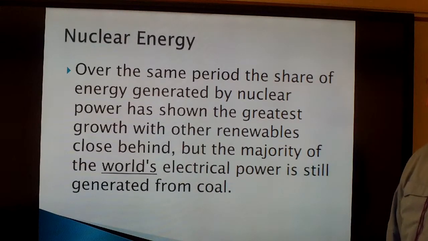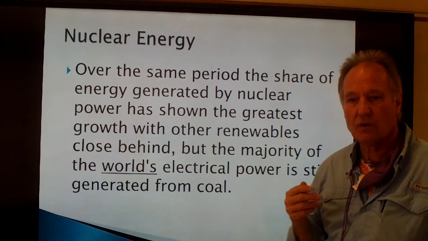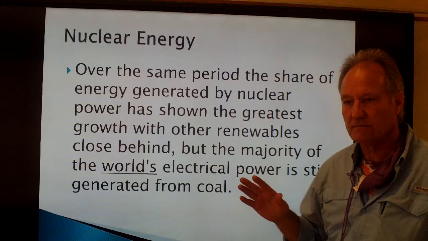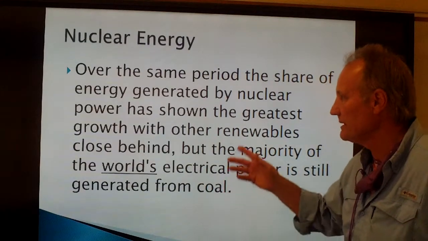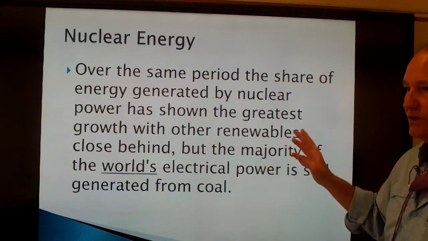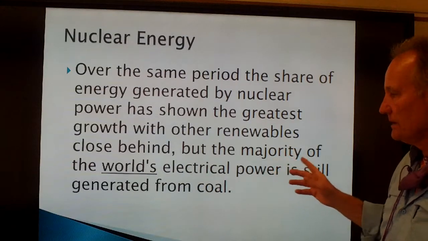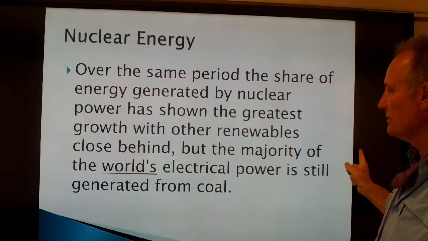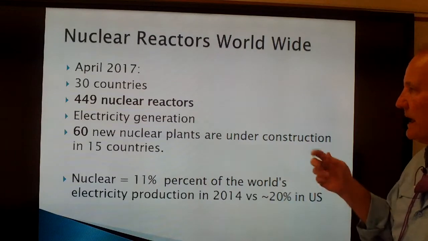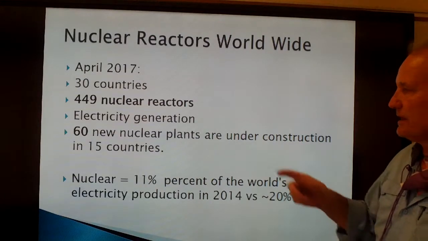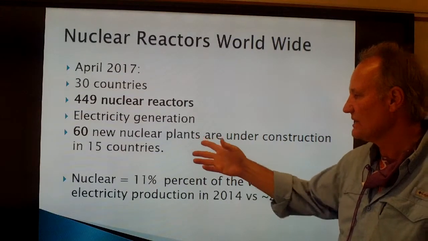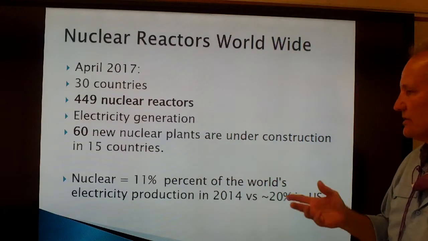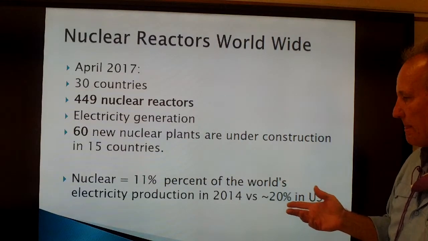Okay, so if we pick these apart, I'm going to put nuclear on the hot seat for a little bit because nuclear has started to grow, but there are some issues. In April of 2017, there were 30 countries with 449 nuclear reactors, and there were 60 new plants under construction in 15 countries.